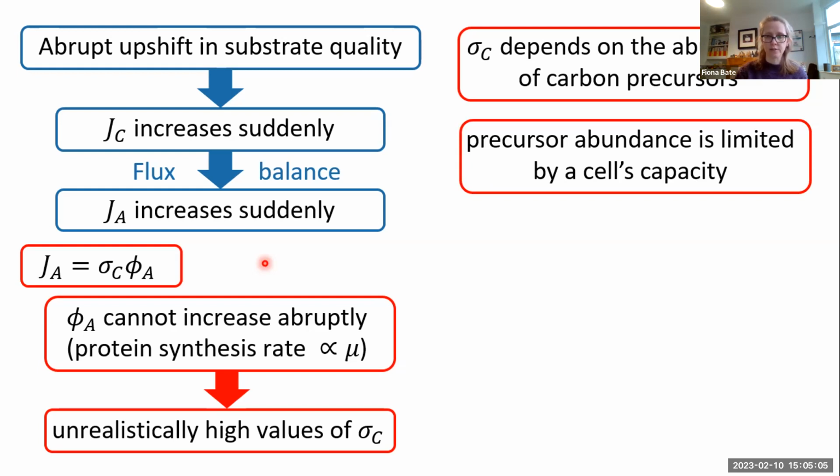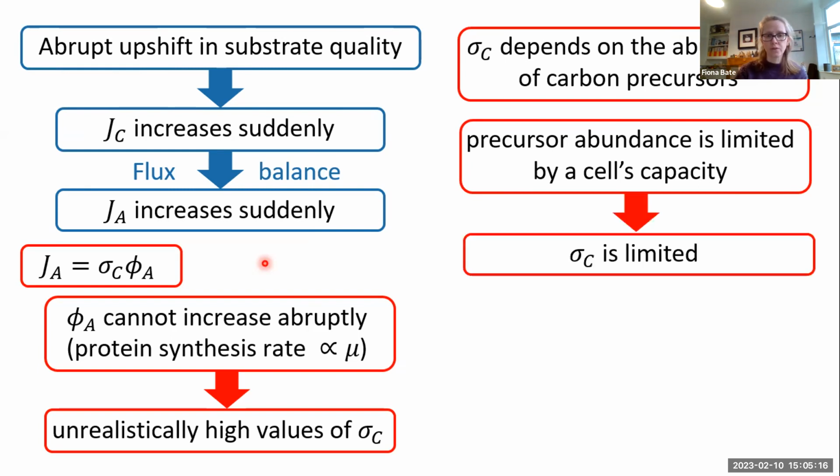The cell's a finite size. It can only store a finite amount of stuff in it. So you can only have a finite amount of precursors in this cell. Therefore, sigma C, which depends on how many precursors you've got, must be limited. You can't just keep increasing it and keep increasing it in order to balance flux.